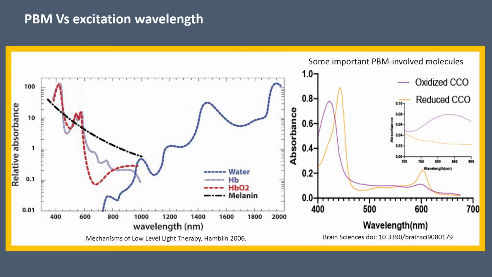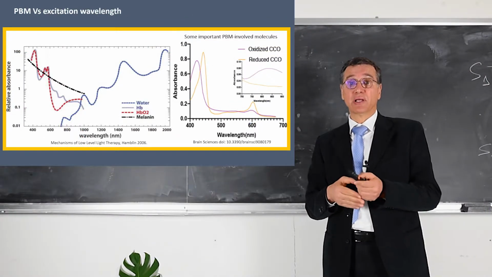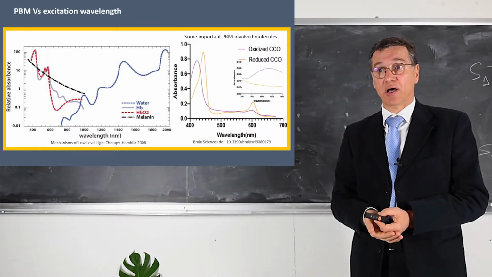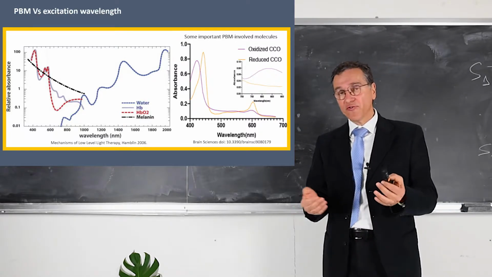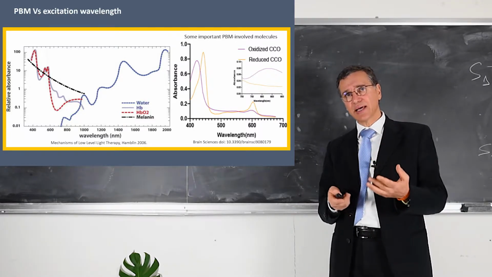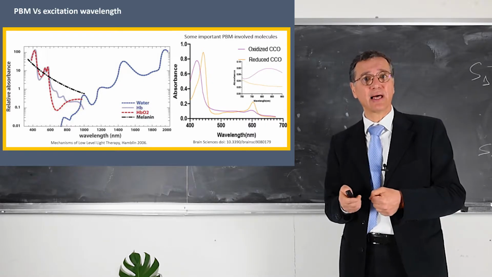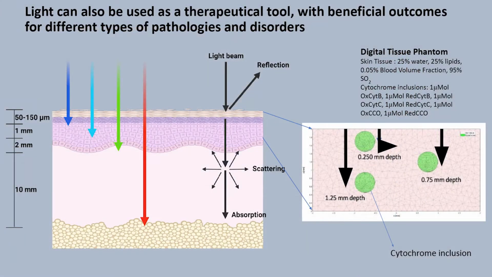But the problem is that if we are moving from the blue to the red, the absorption capability of the cytochrome is reduced. So we have to find a compromise. We have to understand how those two effects are balancing themselves.